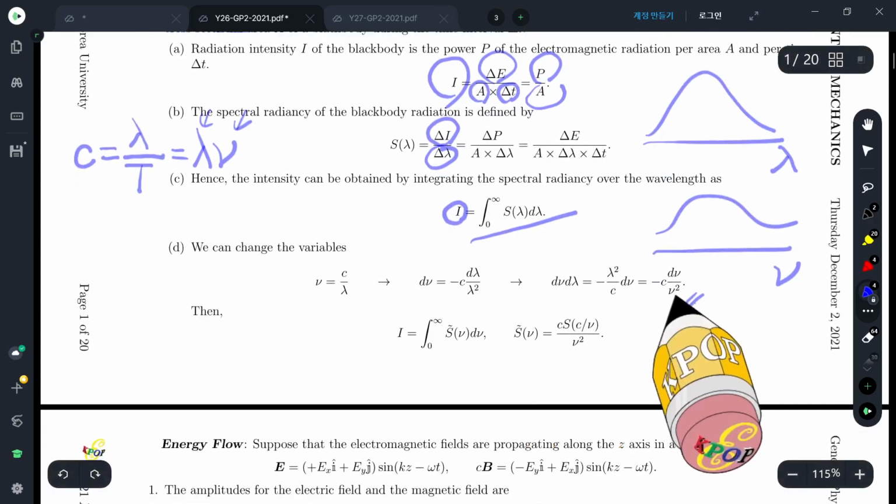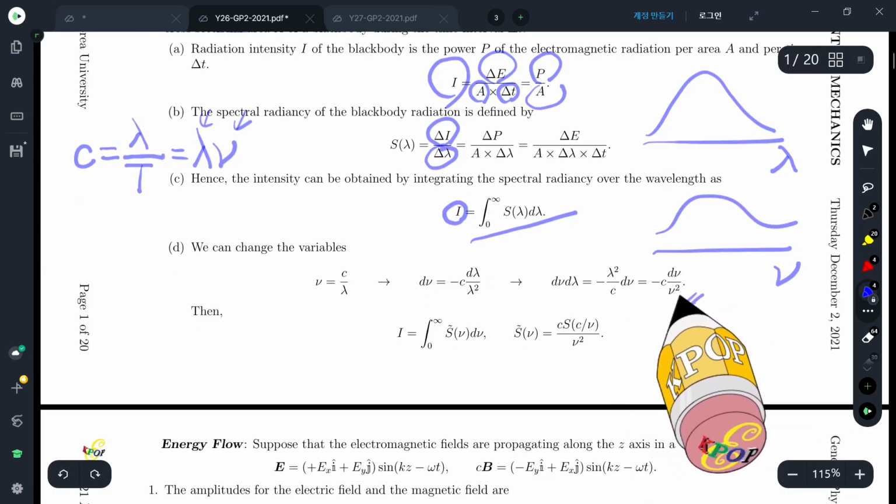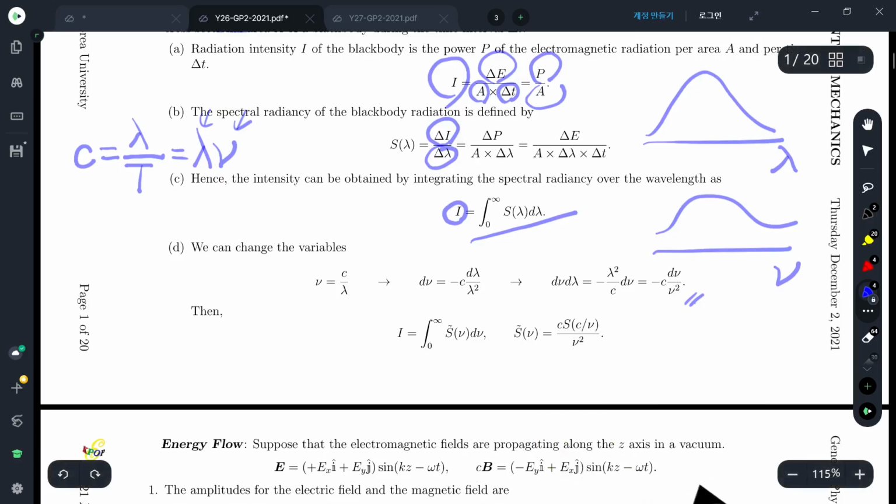After substituting this change of variable relation, we can rewrite this. There's a typo.